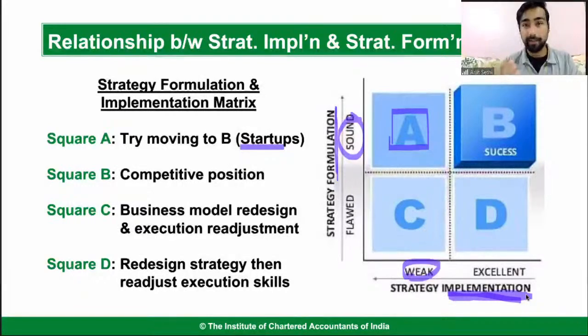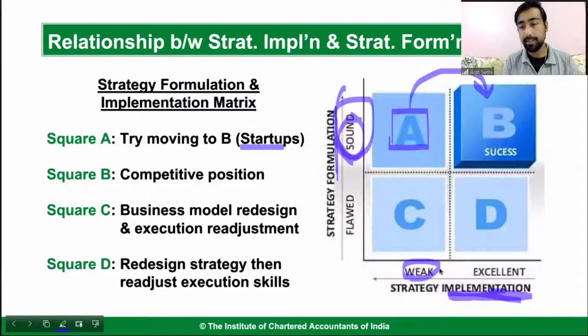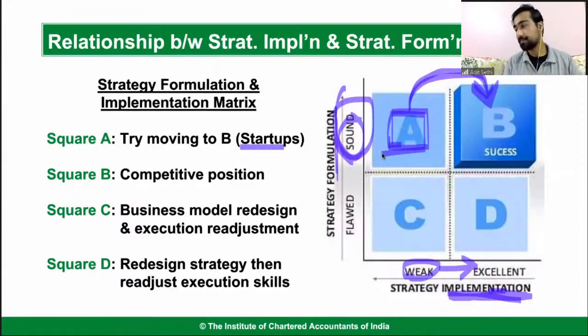So they have to gather resources, then implement, right? And then from A box, they move to B box, because your formulation is sound. It is just your implementation moves from weak to excellent, and you become a successful startup. From A to B, right?